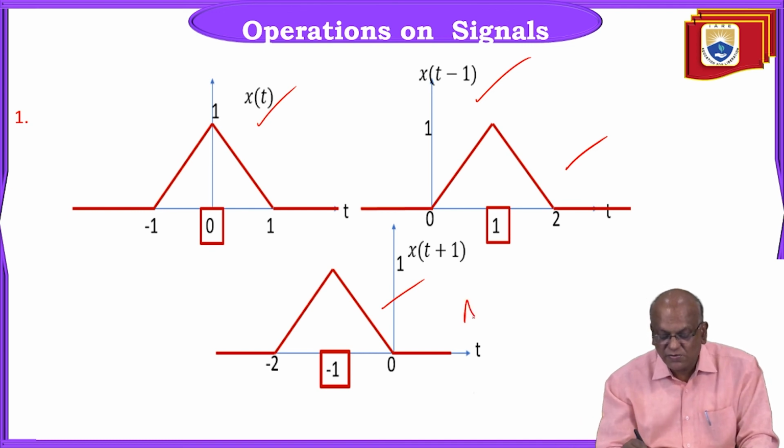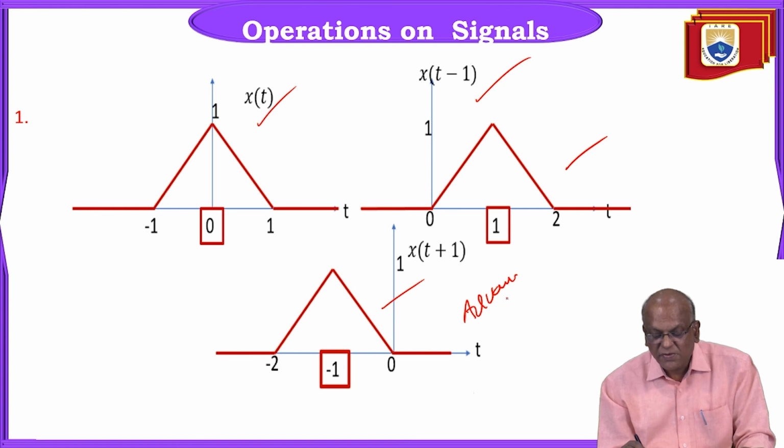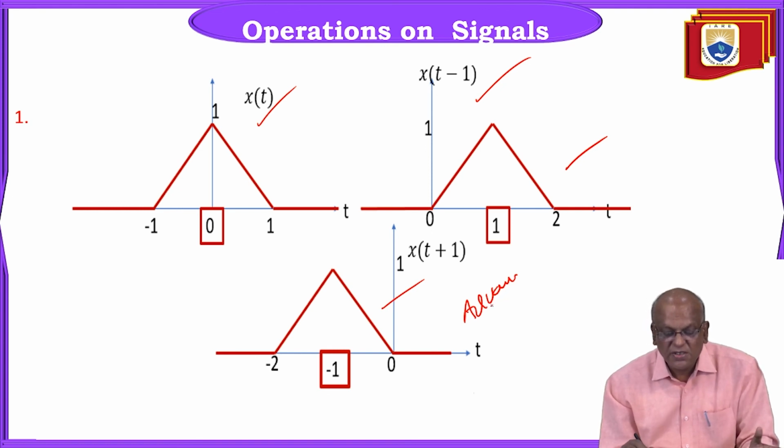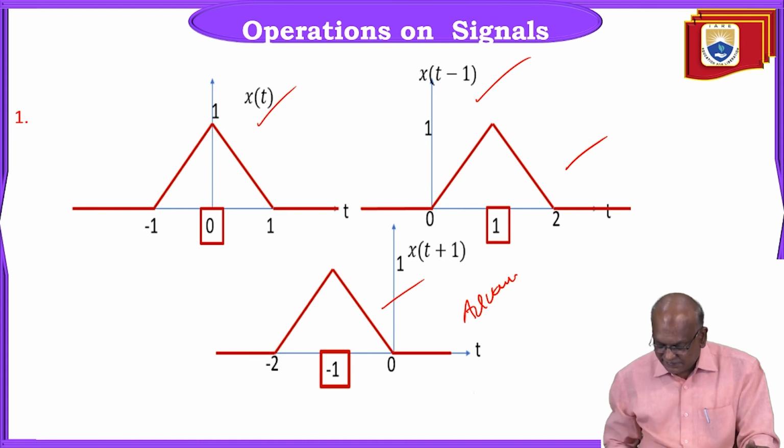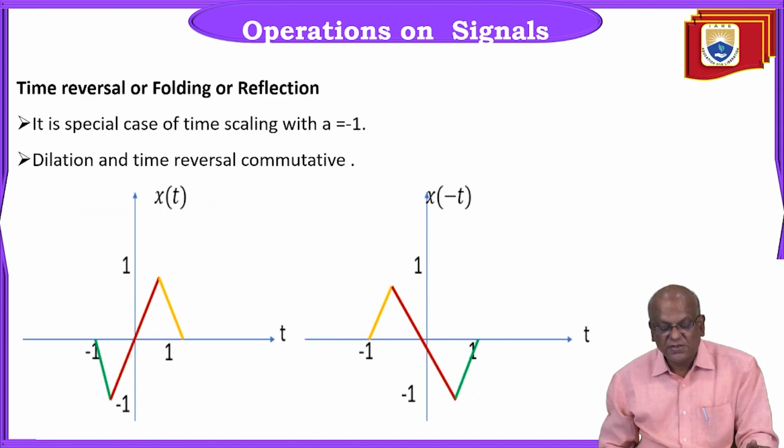This is the advanced version. That means x of t plus 1 is the advanced version of x of t by an amount of 1. X of t minus 1 is the delayed version of x of t by an amount of 1. This is called the shifting operation.